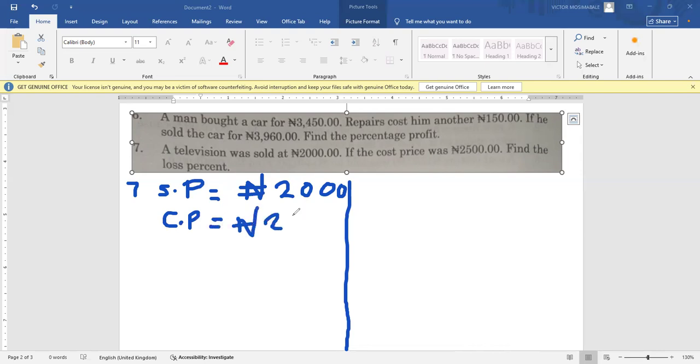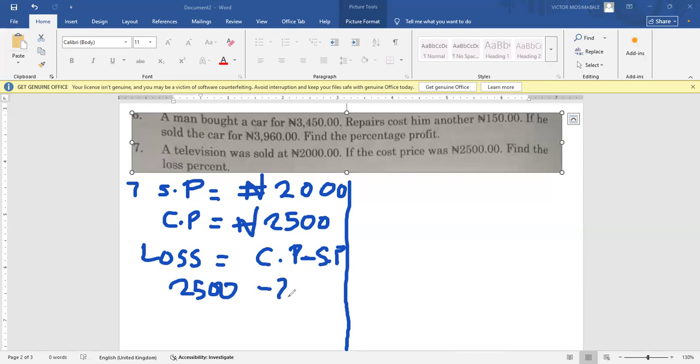So there's a loss here because the cost price is bigger than the selling price. Find the loss percent. Our loss will be CP minus the SP, so that's 2,500 minus 2,000. So I'm going to be having 500 naira.